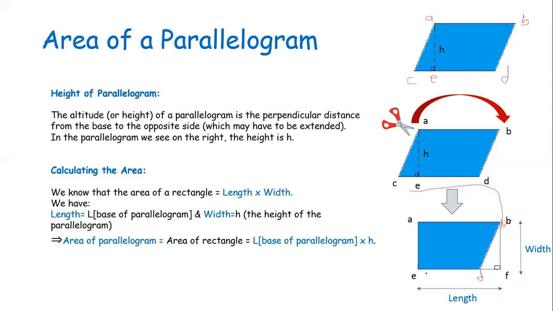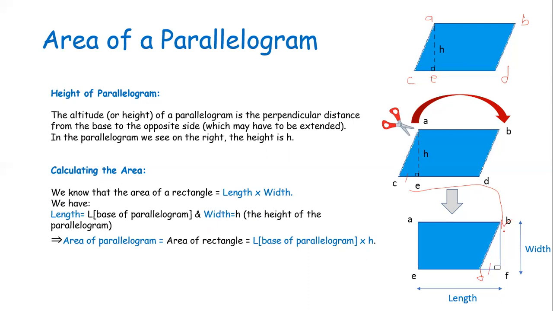However, the length EF is nothing but the length of CD. Because here we have ED, it's the same piece exactly, but we have removed CE from here and put it here. So the length of DF is equal to the length of CE. So the length is the length of the base of the parallelogram multiplied by width.